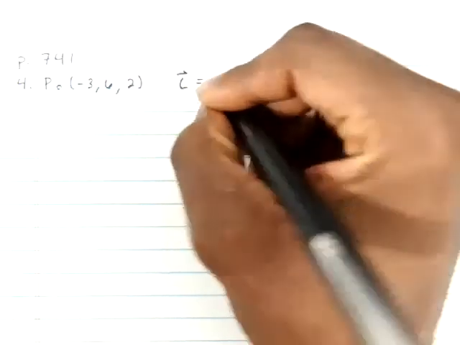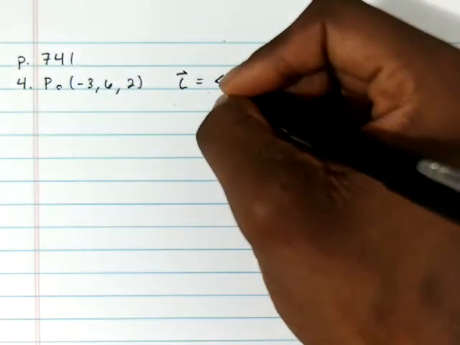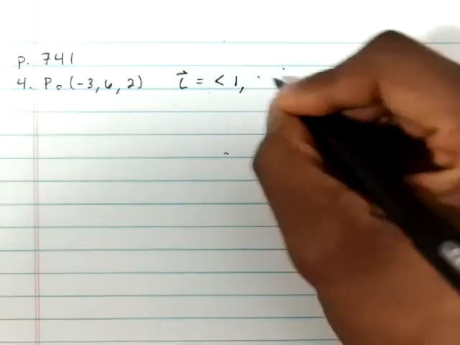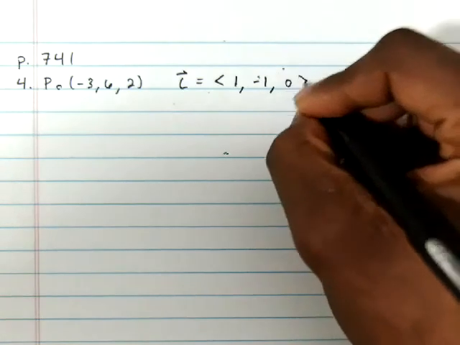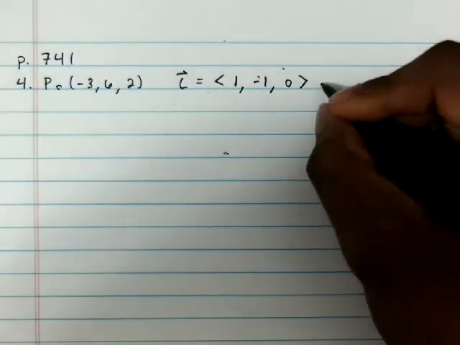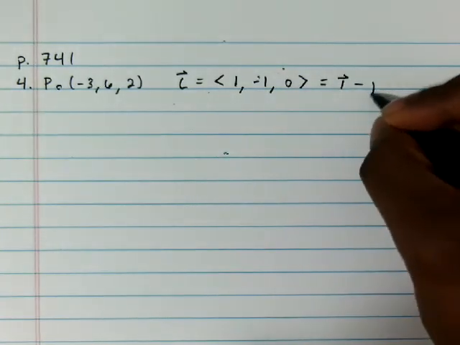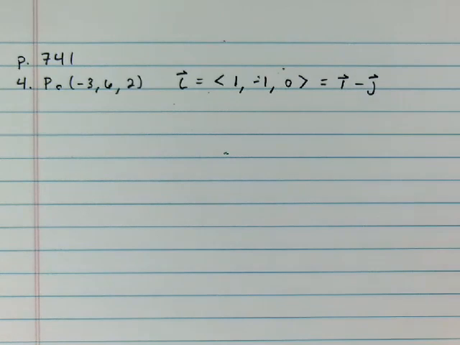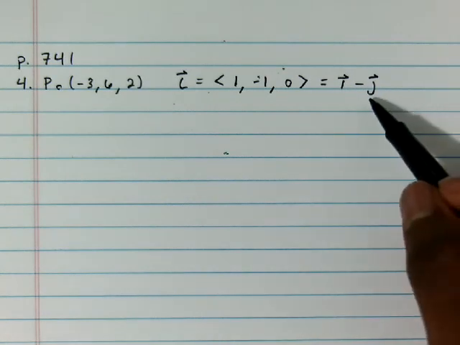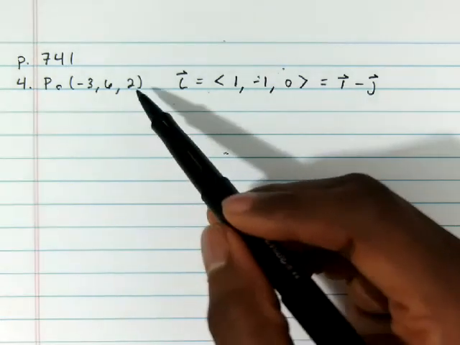And our vector capital L is 1, negative 1, 0. In the textbook it's written as I minus J, but the way that we tell that we're actually in 3 dimensions versus in 2 dimensions, even though they don't have a K on here, is the fact that we have an X, Y, and Z coordinate on our point here.